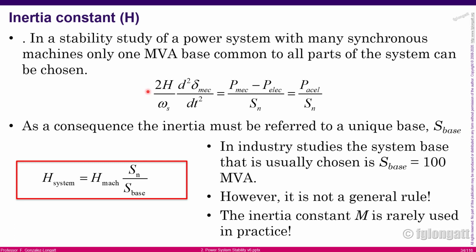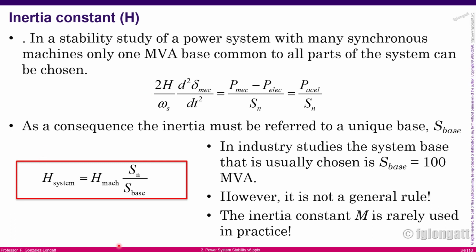And that is one of the interesting new things for you. You have been working with the per unit system for many years, but the calculations that you have done are basically electrical quantities. Now, the inertia constant is an electromechanical constant, and also must be referred to the same base.